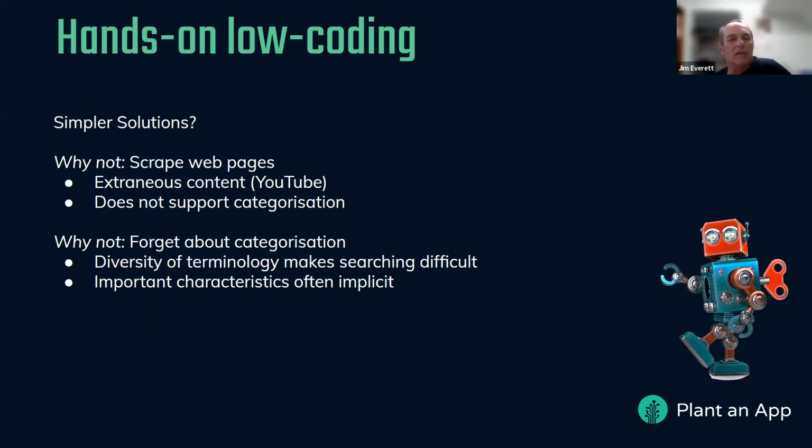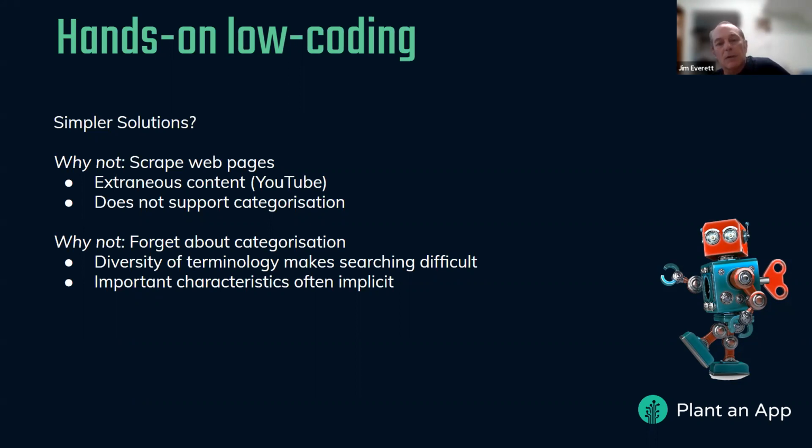Particularly YouTube stuffs an awful lot of other stuff in there. And we wanted to make sure the indexing was very much on the content that was key to the user. And also this approach wouldn't have allowed us to apply this categorization, this taxonomy, across the different sources.